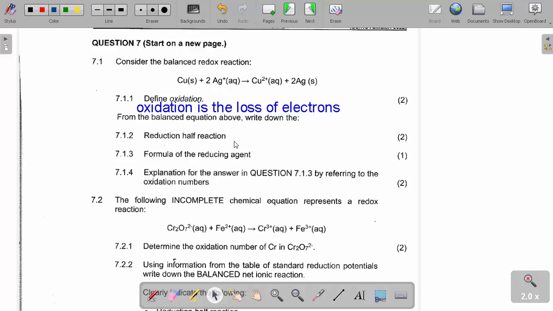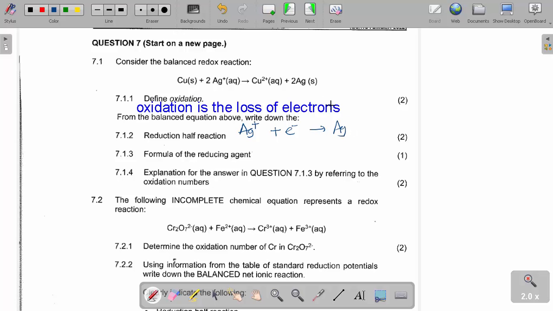So it's going to be Ag+ plus an electron to give us silver.